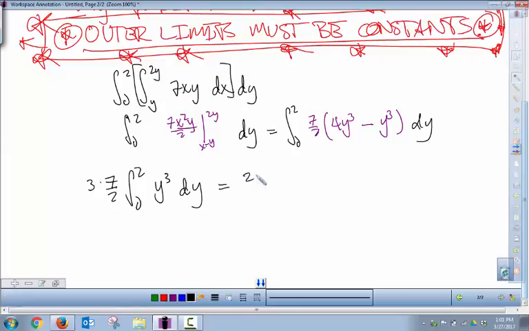So this would be 21 over 2, and this is going to be y to the 4th over 4. Y goes from 0 to 2. So let's put 2 in there. 21 over 2. We put 2 in there, we get something. 16 over 4.